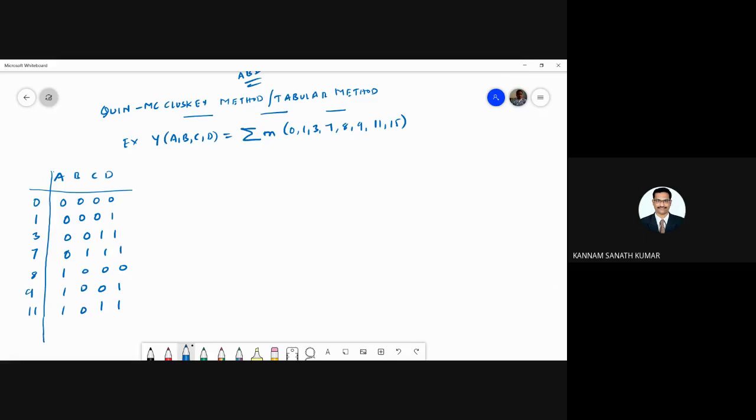So you have to remember the binary representation of the decimal numbers from 0 to 15. Then only you can write this. So 15 is 1 1 1 1.